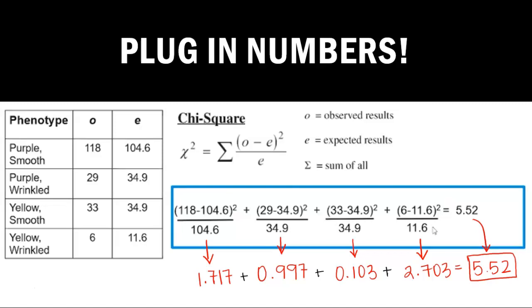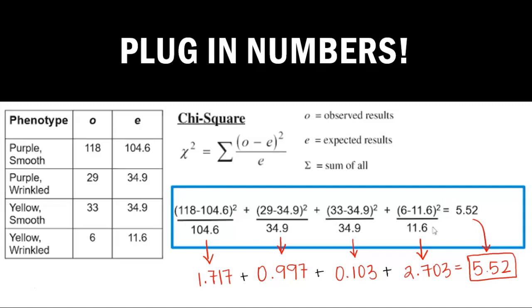And then finally, my yellow and wrinkled, I have 6 minus 11.6 squared divided by 11.6, which gives me 2.703. When I add all those values up together, I get 5.52, right? That is my chi-square, okay? 5.52. And so what we're going to do is use that number and see what it is in my chi-square table, all right?